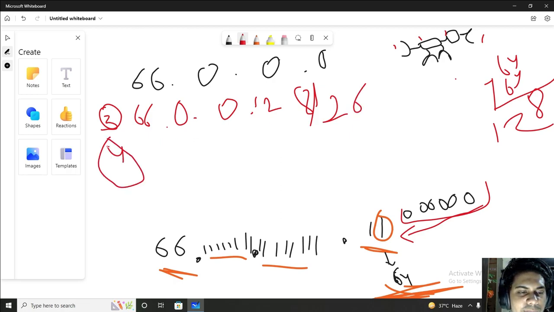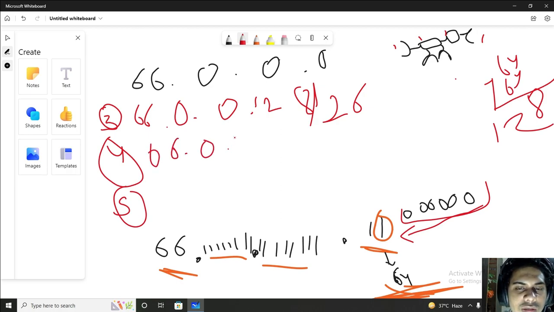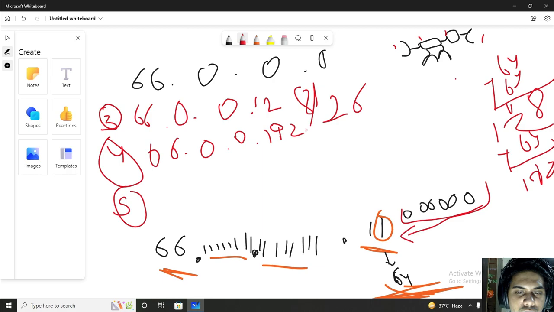Now my fourth and fifth will be like this. 66.0.0. Now I have to again add 64 to this, so it is now 192/26, which is your CIDR. Let me rub both, I have given this to both of them.